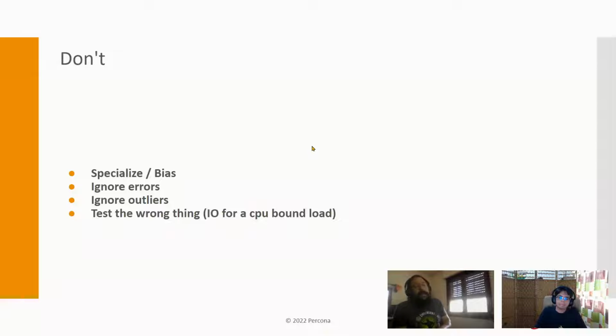And then the other one is outliers. Like, why do I have 10% of my load that returns in 10 nanoseconds, and then 80% of my load returns in like 1.5 milliseconds, and then another 10% of my load runs in like 1 second? Well, those outliers, the small ones and the big ones, it's important to seek an understanding of what mechanisms are behind them. Is it because I'm hitting a cache?